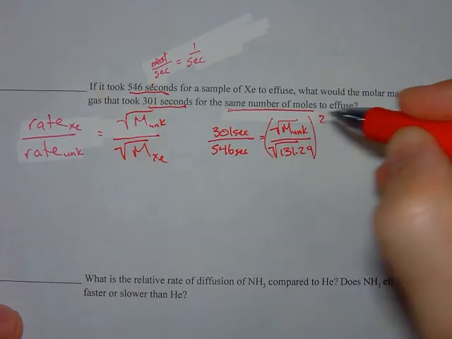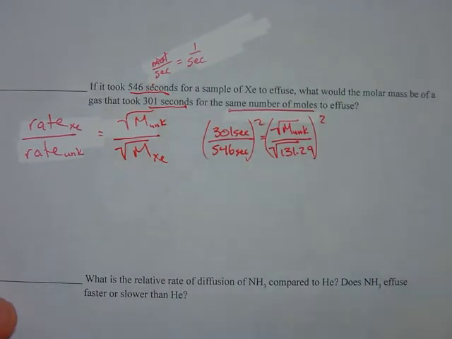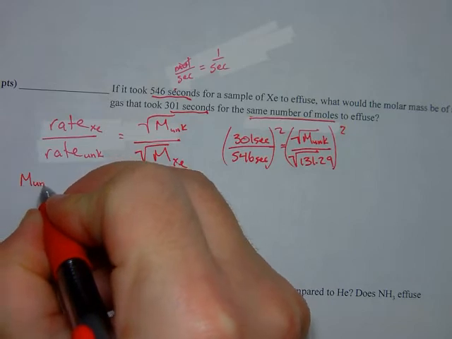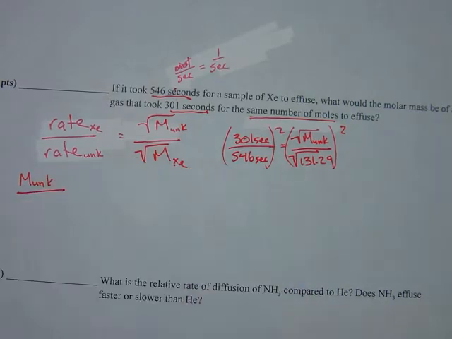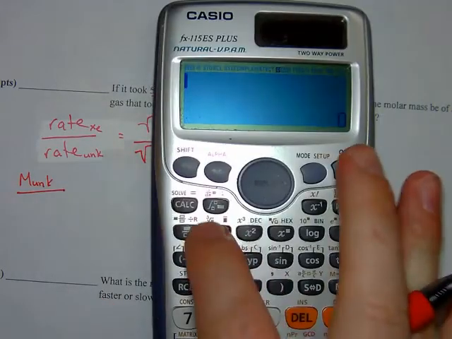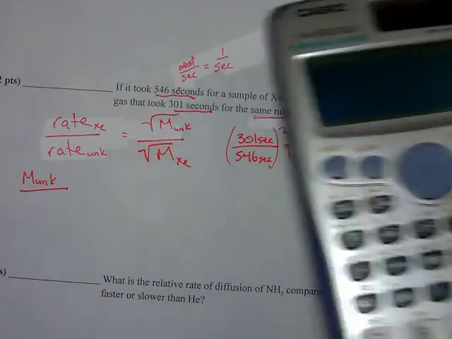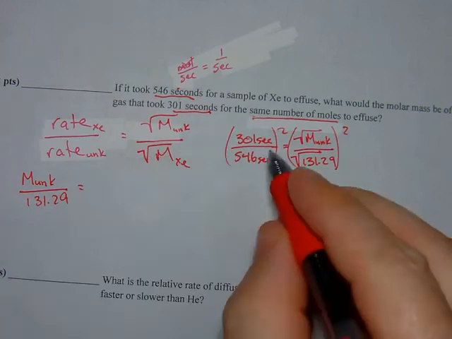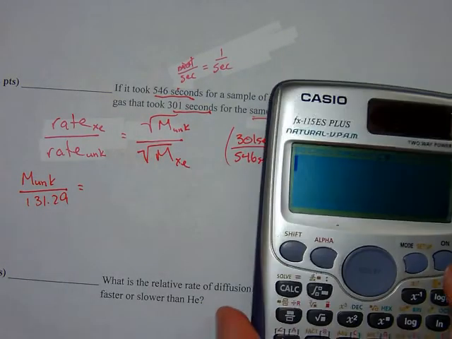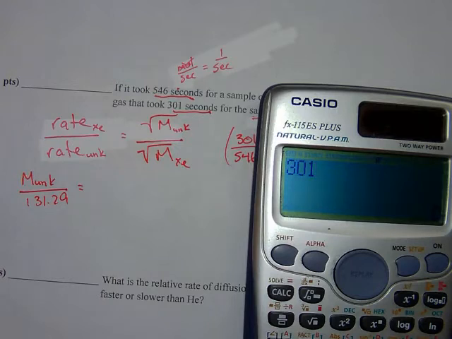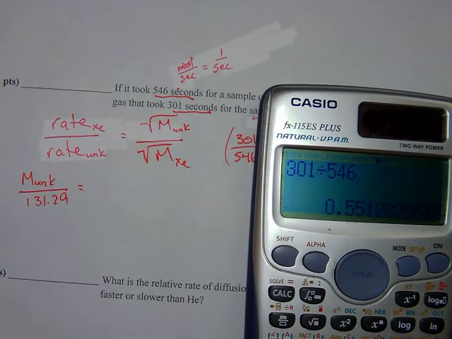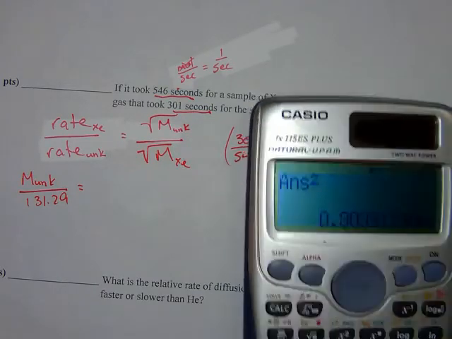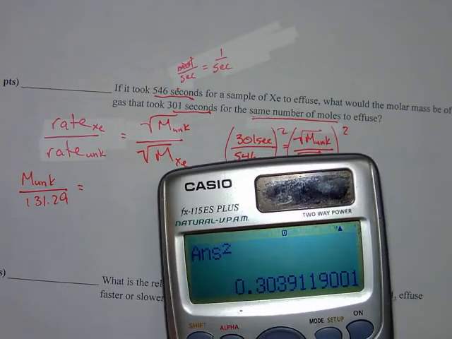I'm going to start solving for this, so I'll square both sides, and so I'll end up with the molar mass of the unknown divided by 131.29, and then let's see what that works out to be. 301 divided by 546, and we're going to square that. We end up with 0.304, sticking with 3 sig figs.